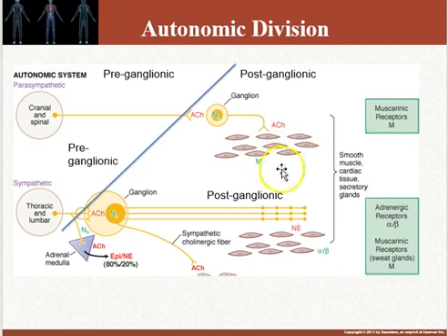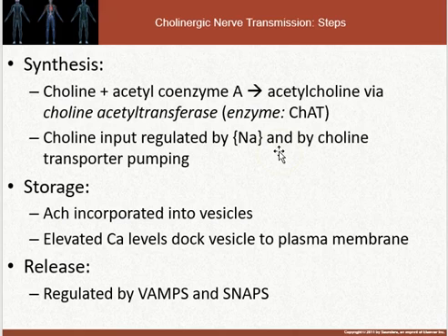And so we'll spend some time talking about what that means from a pharmacologic standpoint when you agonize and then when you antagonize them. And just to briefly look at some of the biochemistry behind these cholinergic nerves, we're looking at the synthesis of choline combined with acetyl coenzyme A to produce acetylcholine. And that occurs with this enzyme called ChAT, or choline acetyltransferase.